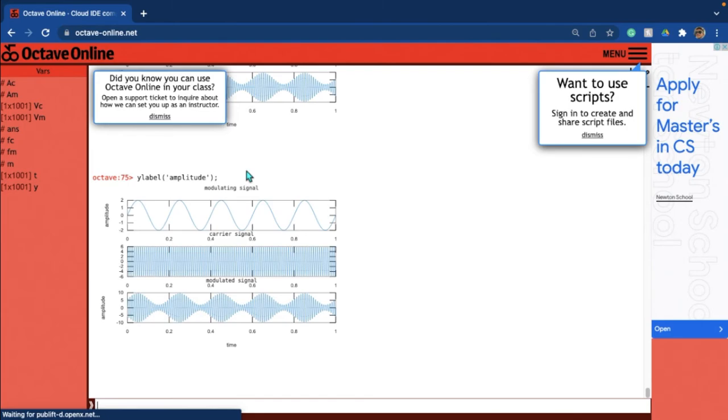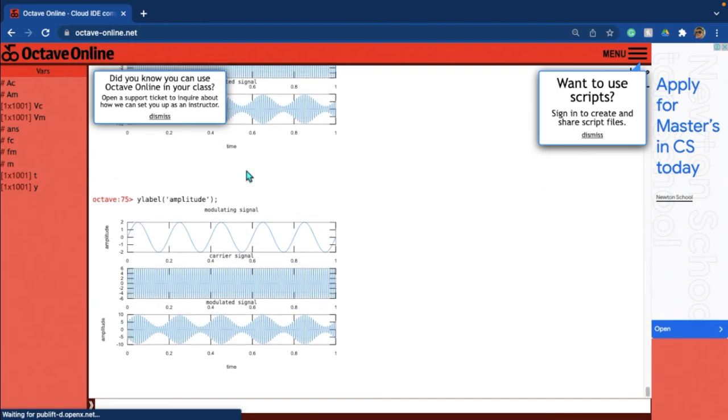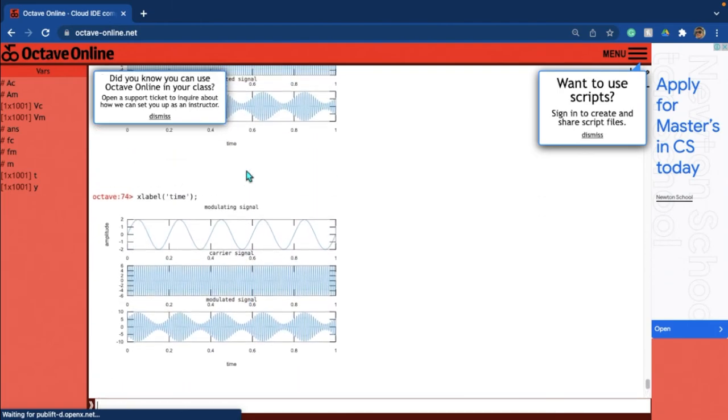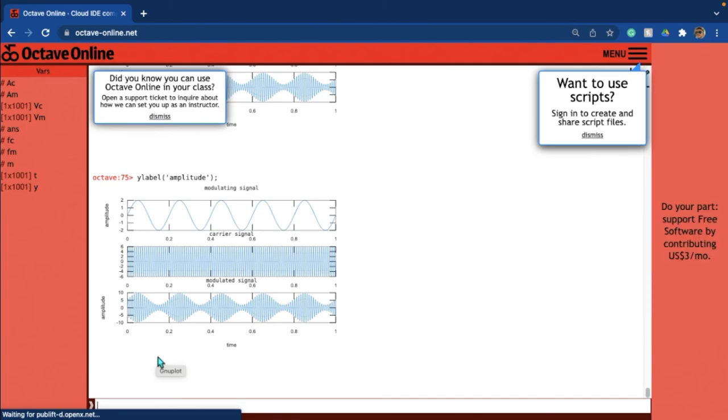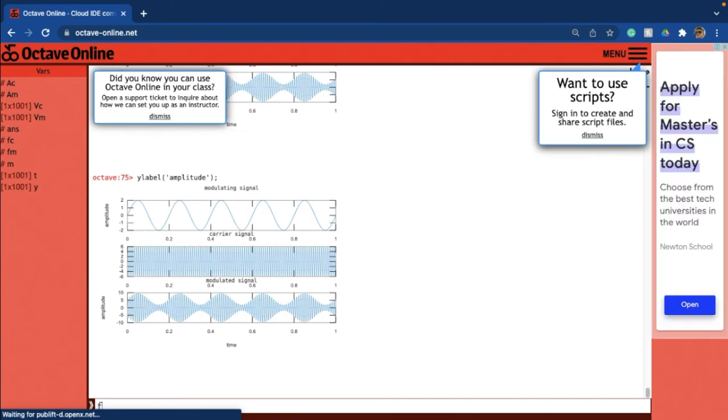This is kind of the same. Let me just take M modulating signal. My FM to be 8. FM is 8, and my FC is, say, same 100.